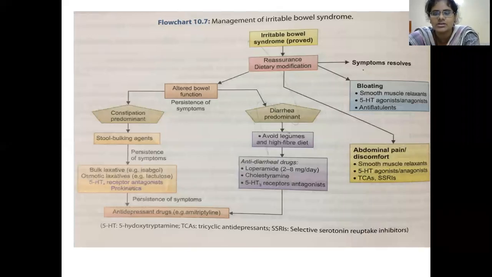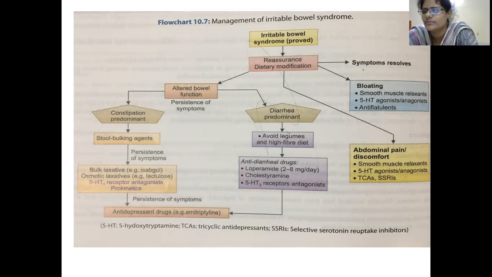Following the center column in the flow chart, if there is altered bowel function and it's diarrhea predominant, avoid legumes and high fiber diet. You want to give anti-diarrheal drugs: loperamide, cholestyramine, 5-HT3 receptor antagonists. In 50% of the patients, initial reassurance and dietary modification will work out. Their symptoms will resolve.